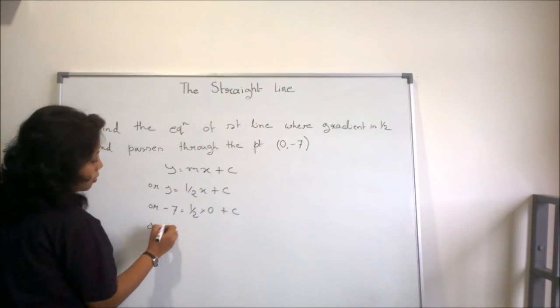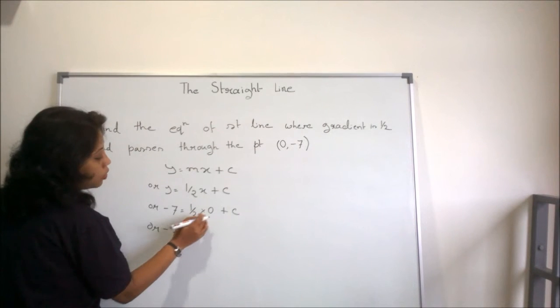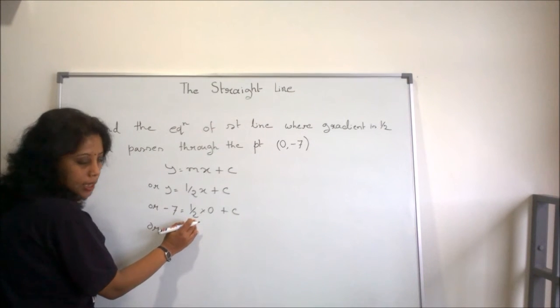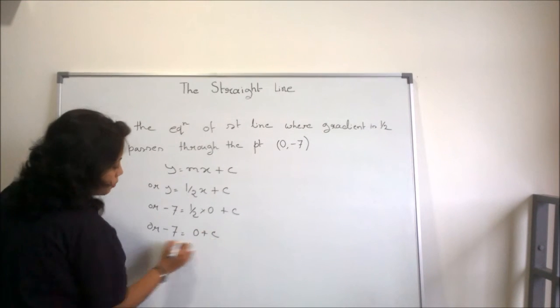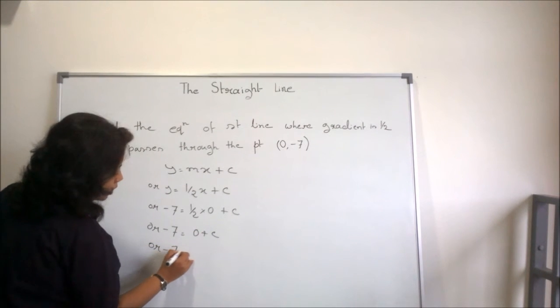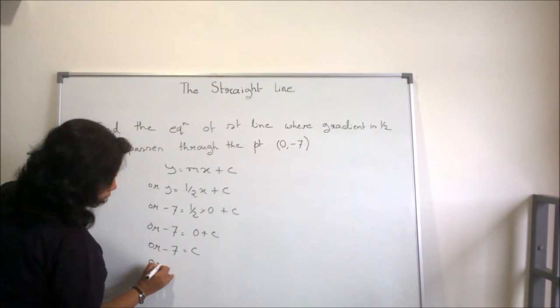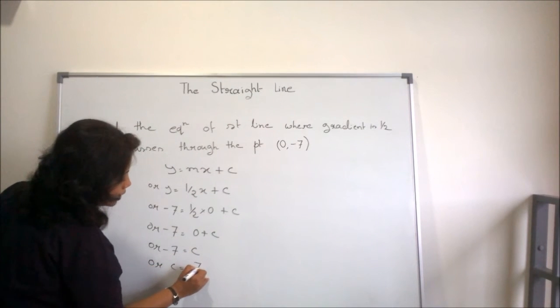So here minus 7, 0 into something gives 0. So this is only 0 plus c, that means only c. So c is equal to minus 7.